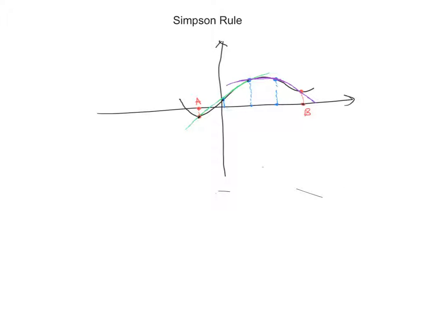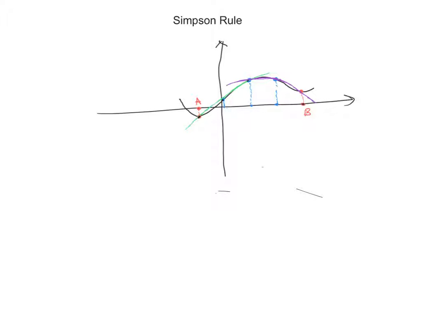A parabola is a quadratic function, so it is of the type ax squared plus bx plus c, and so has 3 unknowns, and they can be determined if we have 3 independent conditions, for example 3 non-collinear points.